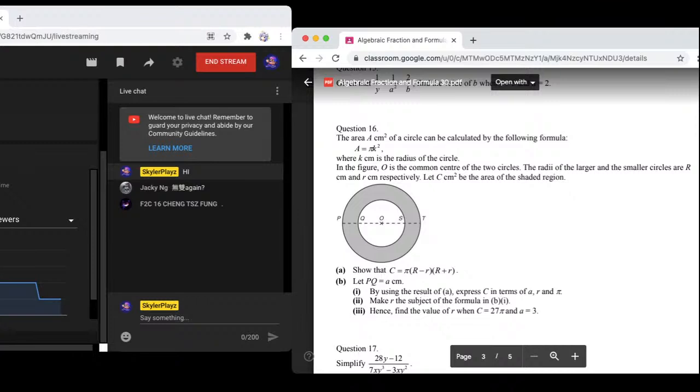Final question. When C equals 27 pi, A equals 3, r is equal to 27 pi minus 9 pi divided by 2 times 3, and therefore 18 pi divided by 6 equals 3 pi.